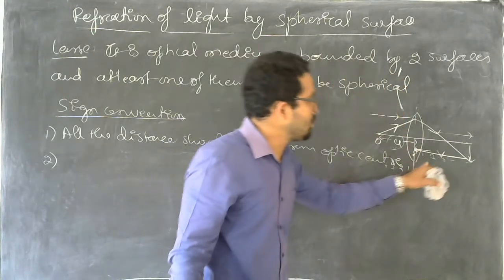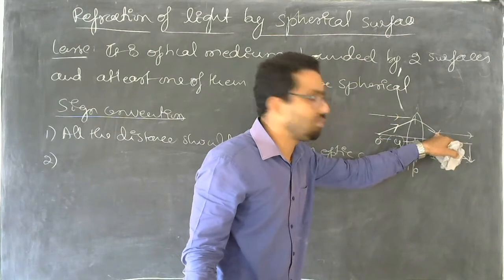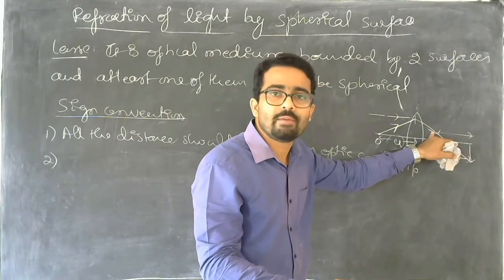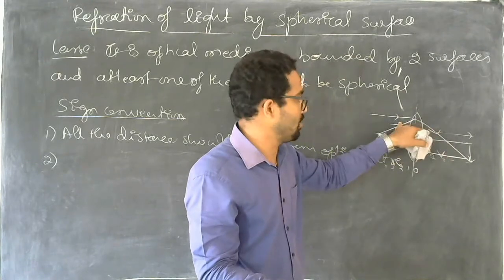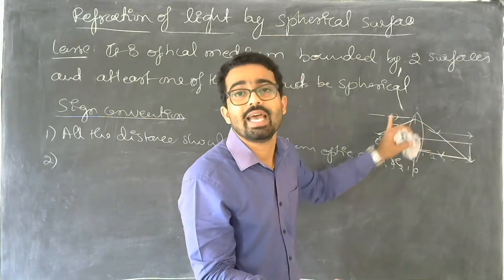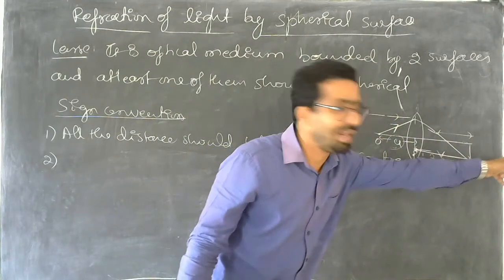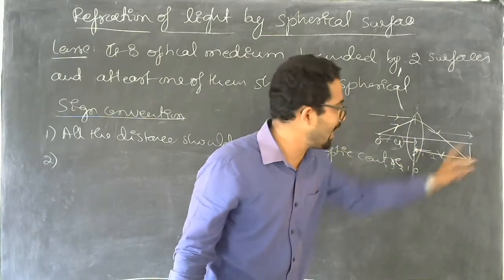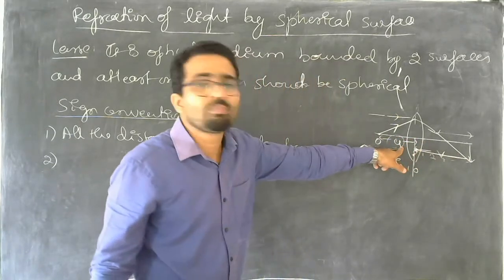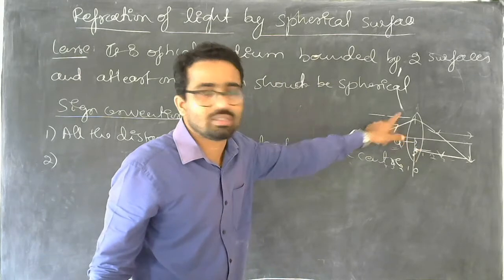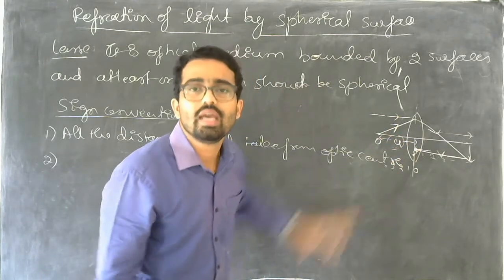The distance measured in the direction of light should be taken as positive, and the distance measured in a direction opposite to the direction of light should be taken as negative. That is why V will be positive, because it is along the direction of light. And for the object distance we have to measure in a direction opposite to the direction of light. That is why U will be negative.